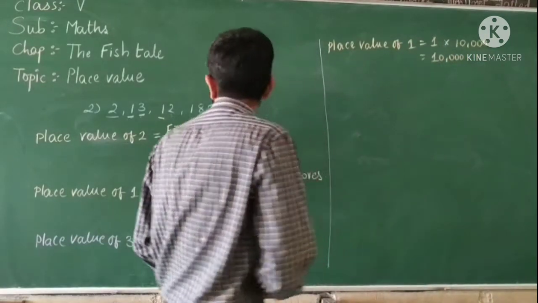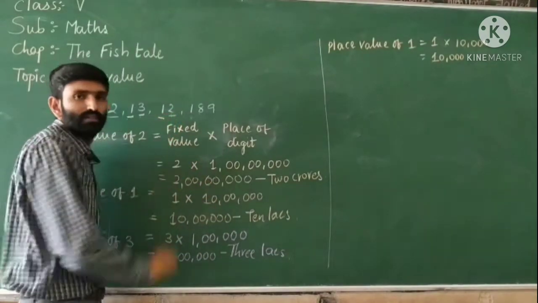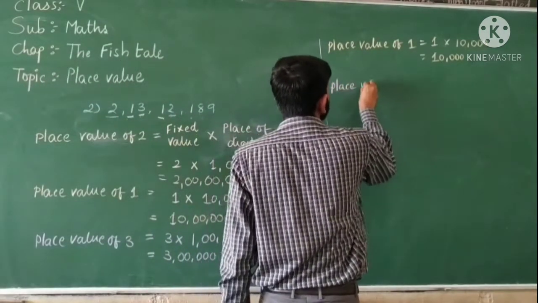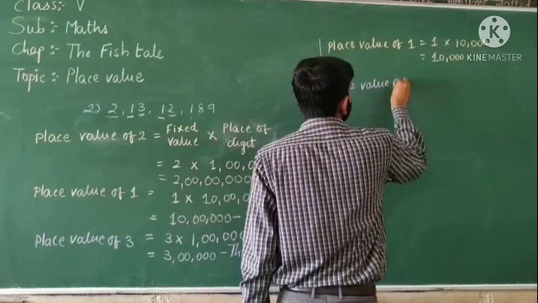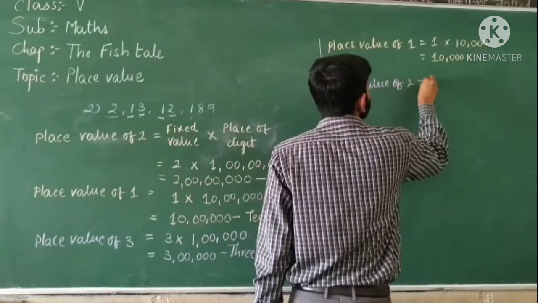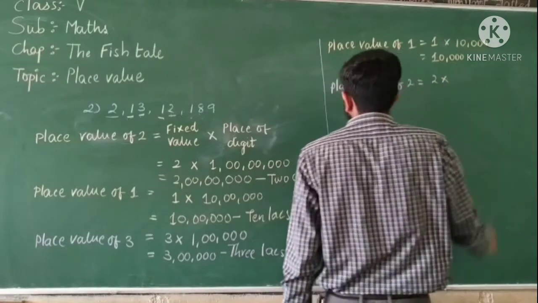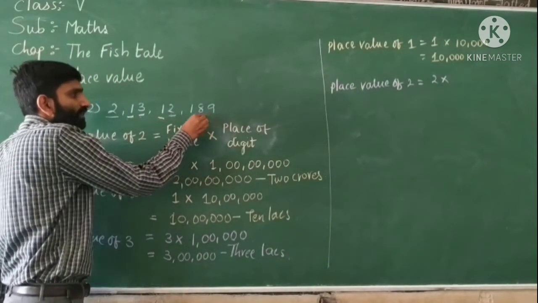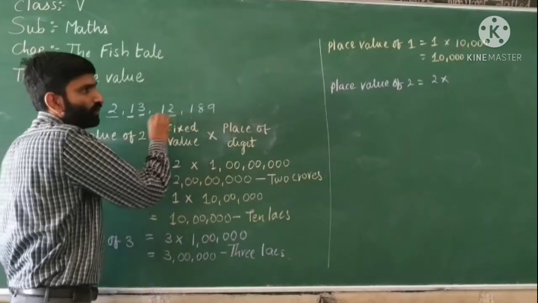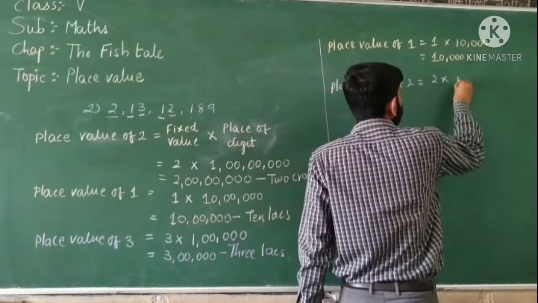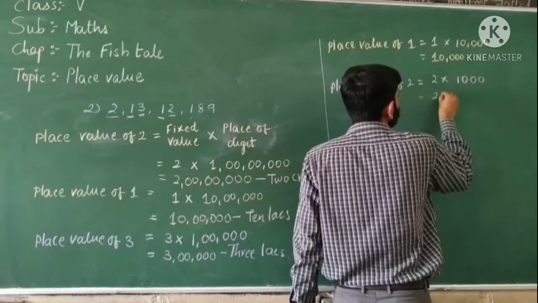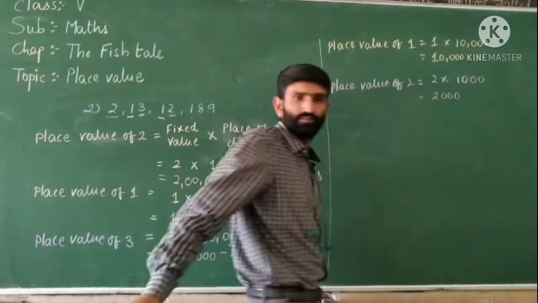Now we'll find out the place value of the next number, that is 2. 2 is our fixed value, and the place of this 2: ones, tens, 100 and 1000. It is 1000. So 2 into 1000 is equal to 2000.